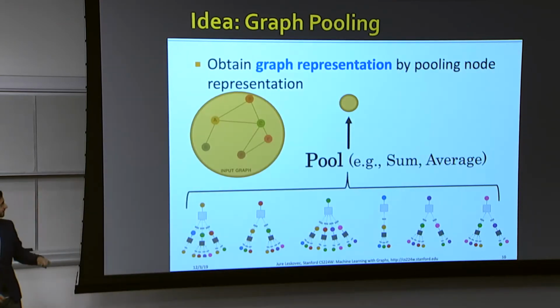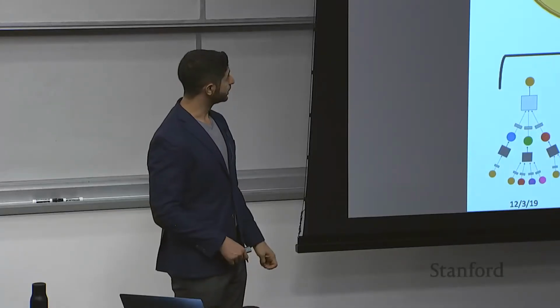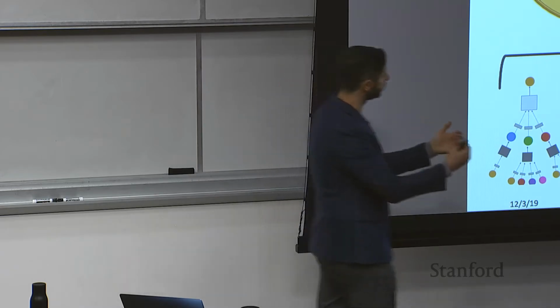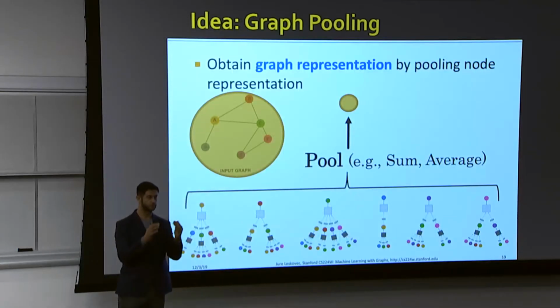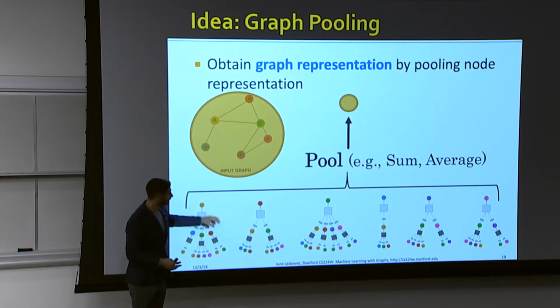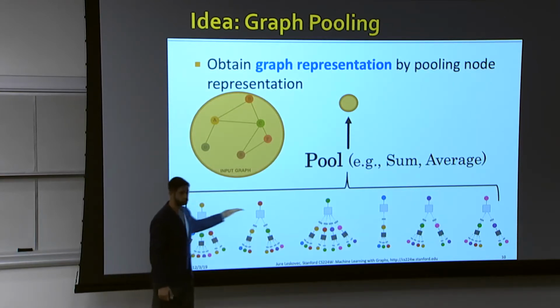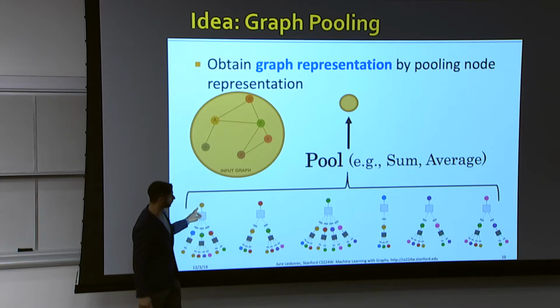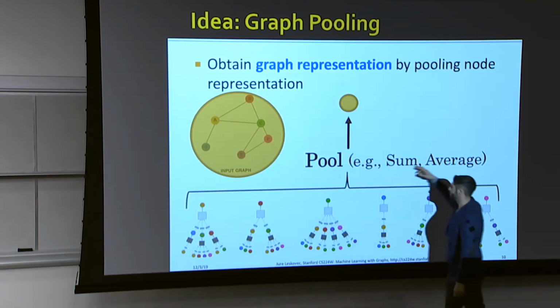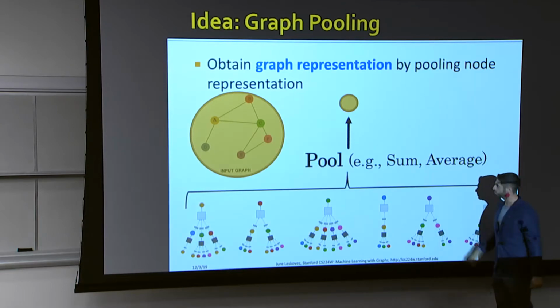And one last idea that I want to refresh, which is also going to be useful during today's lecture, is the fact that we can bring this pooling to the next step and not only do it at the level of producing the node representations. So we don't only use it to aggregate over the neighbors, but we can take all the different node representations of the nodes belonging to our graph and then pool them. And we can pool with different strategies. It can be a sum pooling, a mean pooling, and so forth.